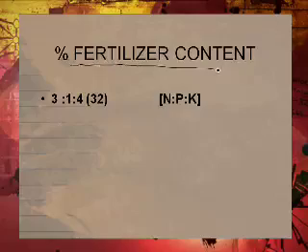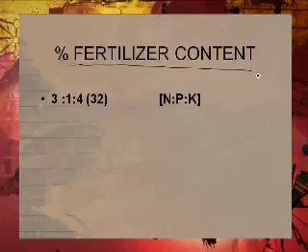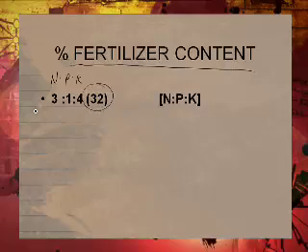Now, we have a percentage content of fertilizer when we buy these fertilizers in bags. I think you have seen this. For example, if you see 3:1:4, what they are saying is nitrogen, phosphorus, potassium, NPK, and they tell you 32.